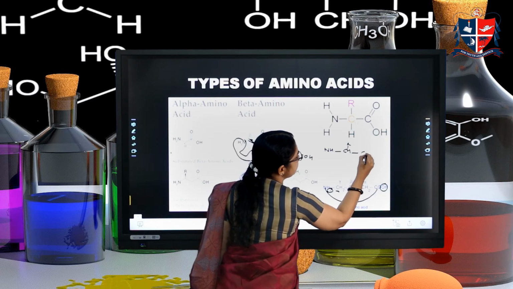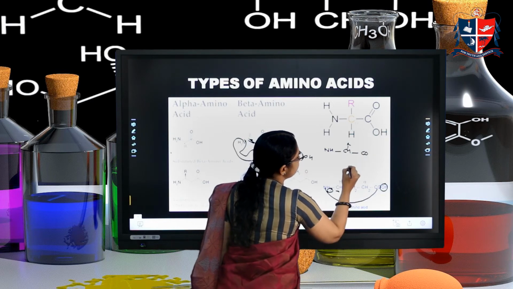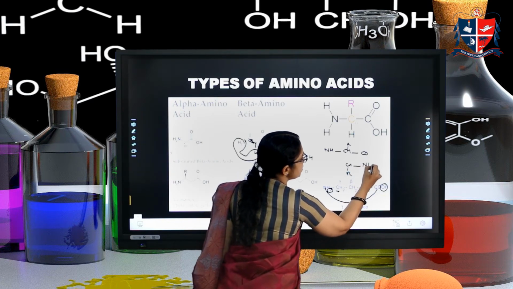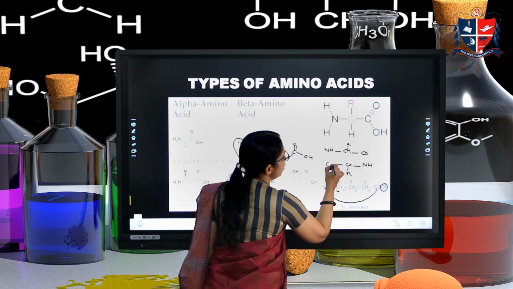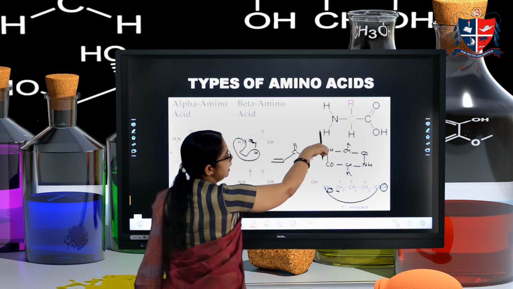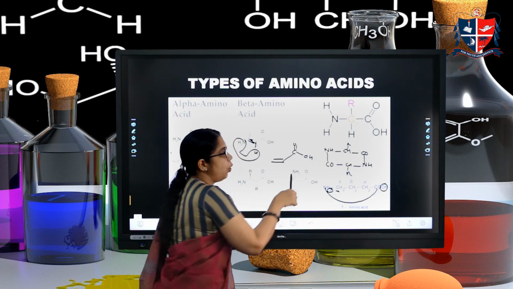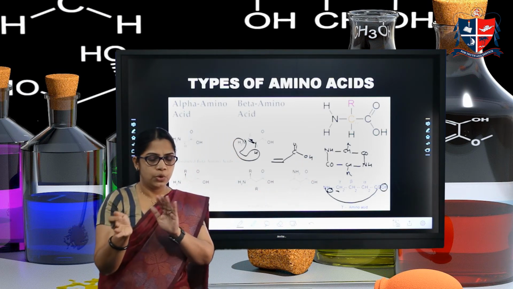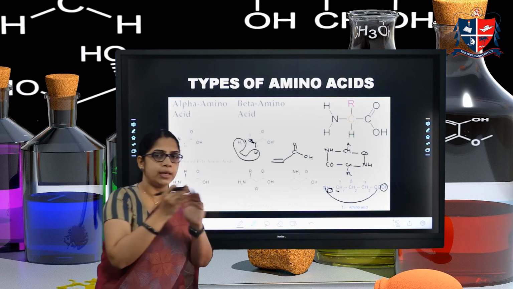NH, CHR, CO. Here again CHR, NH, CO. Condensation always happens between the NH2 and the COOH.